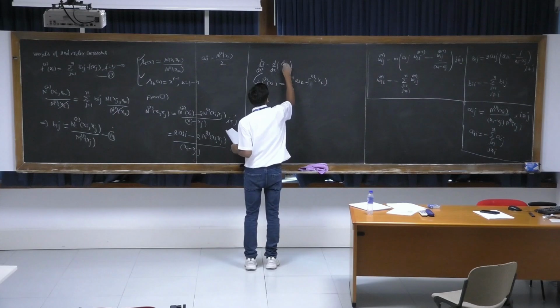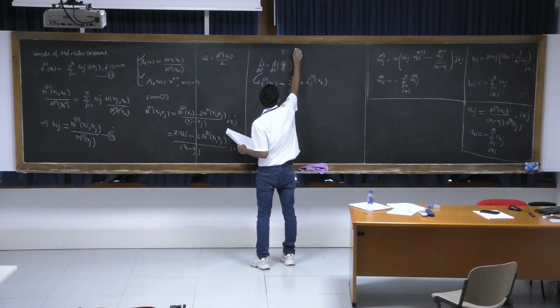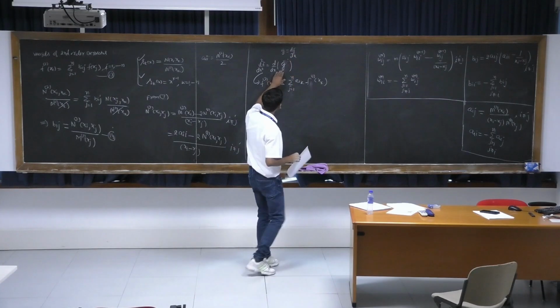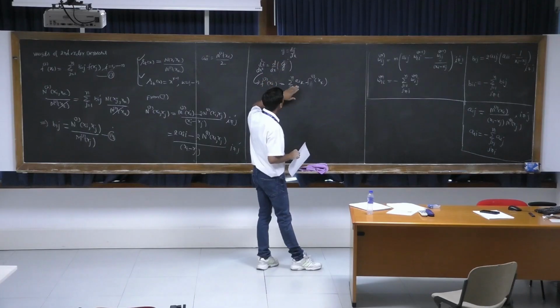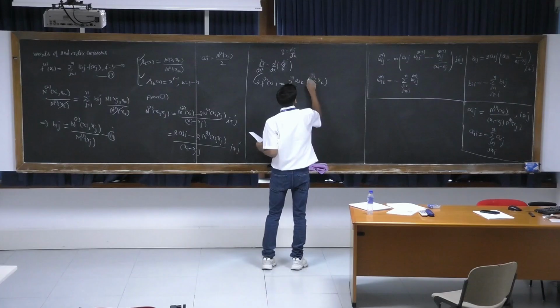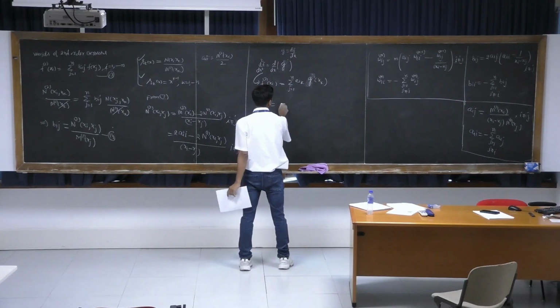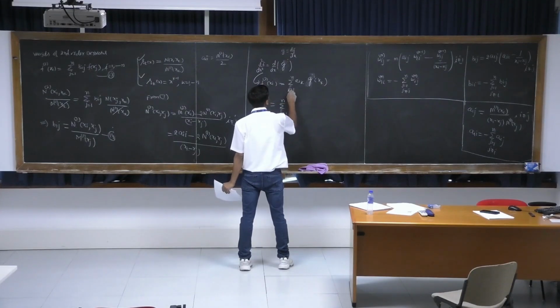Suppose this is G, where G is the first order derivative of f. When you apply the first order derivative over here, the weight coefficient will be Aik, and here you have just g of xk.